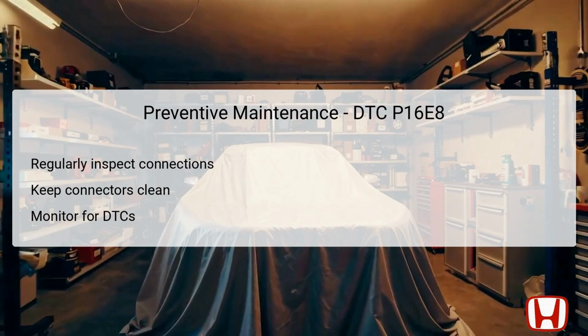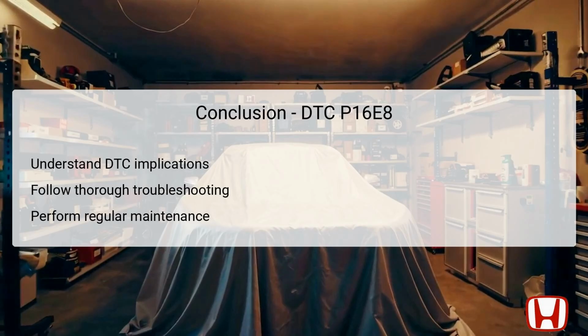In conclusion, understanding DTC P16E8, which points to a communication error between the shutter grille and PCM, is essential for maintaining optimal vehicle performance. Following a meticulous troubleshooting process allows technicians to accurately diagnose and resolve the underlying causes effectively.